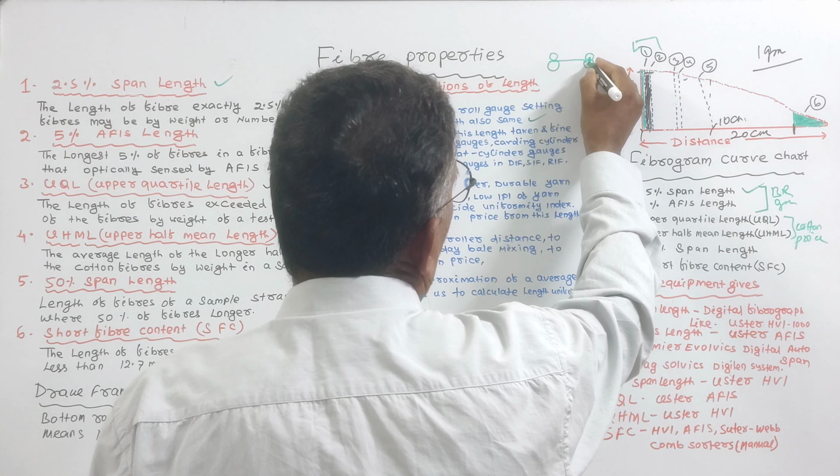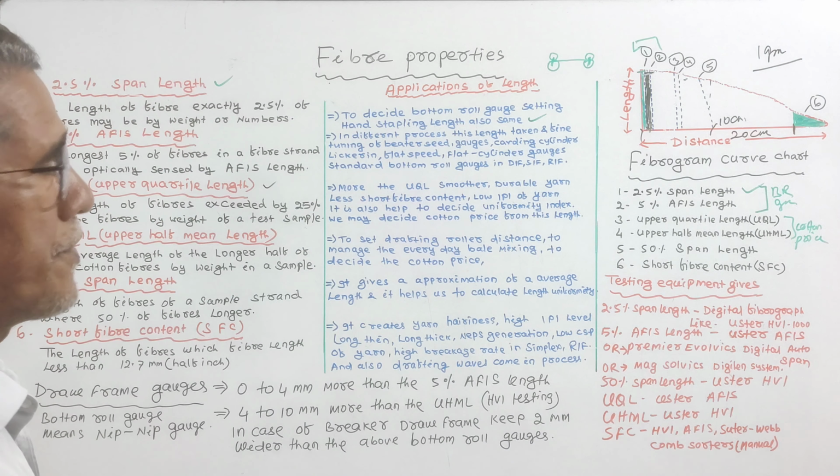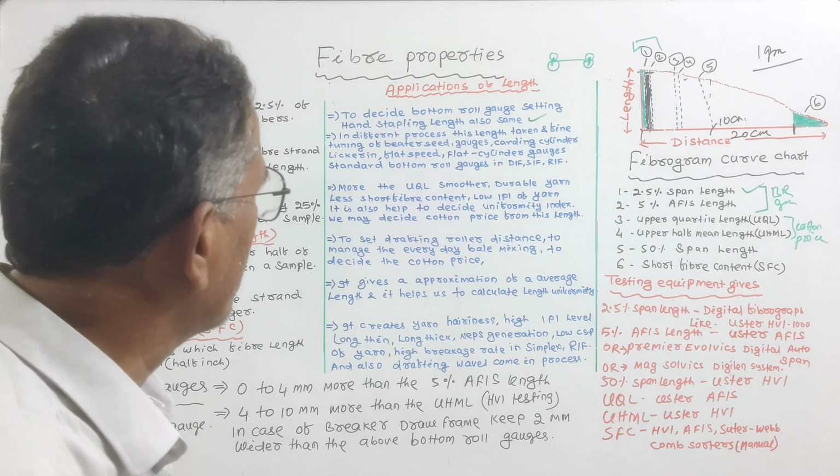In the 5% office length, in different processes, this length is taken for fine tuning of the beater speed. Look, 5% span length is an office report regarding length.